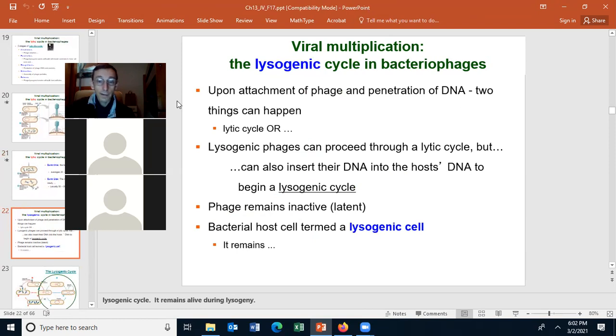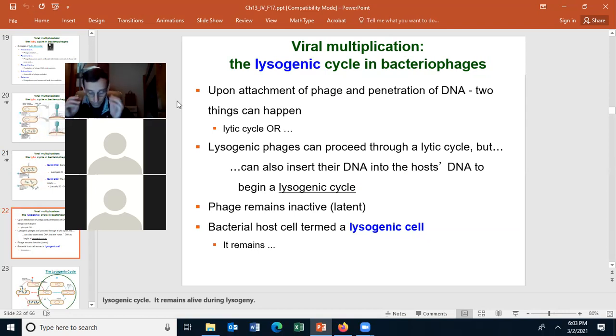If not, let's move on to the lysogenic life cycle. I think we'll have time to finish this. The second way that bacteriophages can replicate in a bacteria cell is to infect the cell and then enter the lysogenic life cycle.